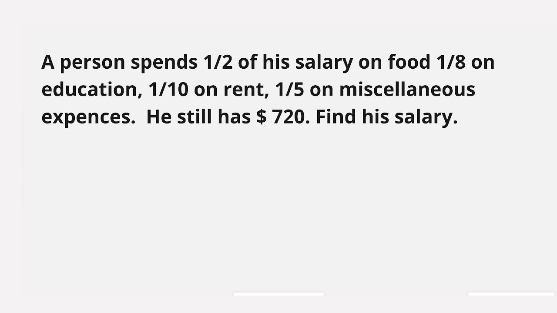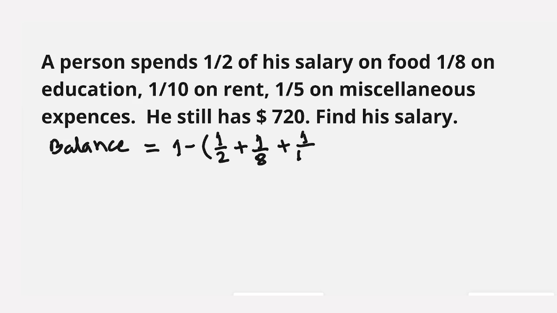So balance fraction equals 1 minus 1/2, which he spent on food, plus 1/8, which is spent on education, plus 1/10, which is spent on rent, plus 1/5, which is spent on miscellaneous expenses.